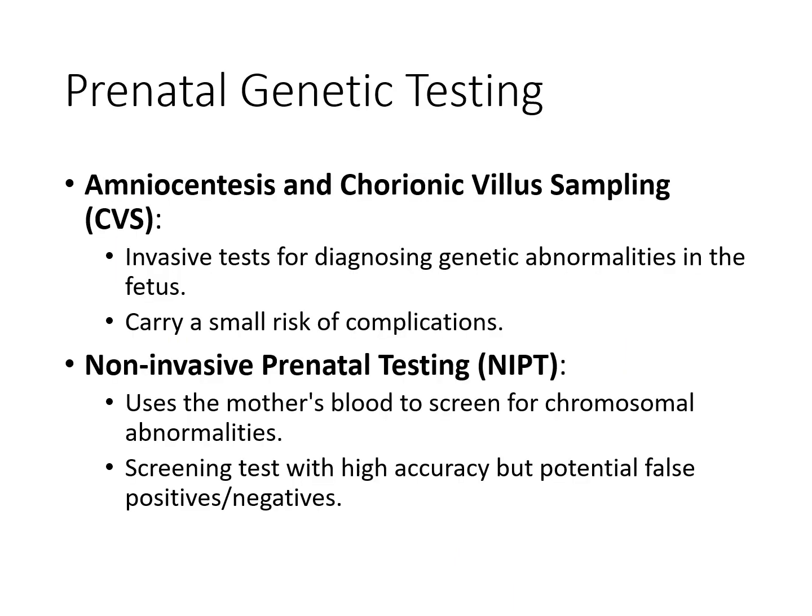Prenatal genetic testing includes both invasive and non-invasive methods. Amniocentesis and chorionic villus sampling, CVS, are invasive procedures that diagnose genetic abnormalities in a fetus. While accurate, they carry a small risk of complications.